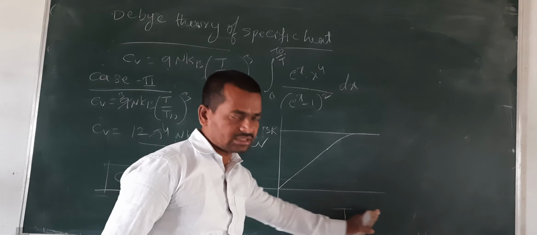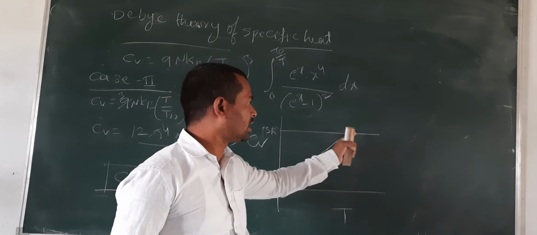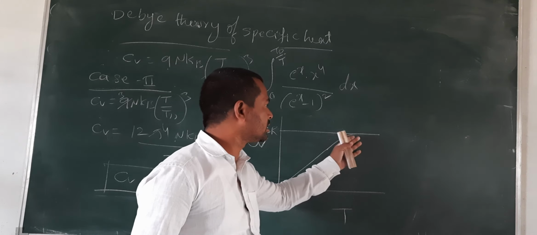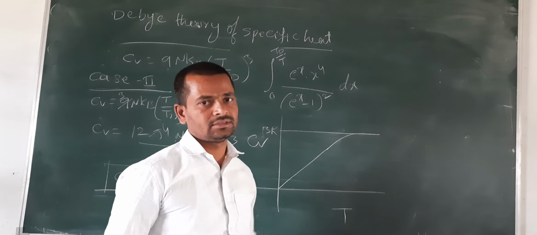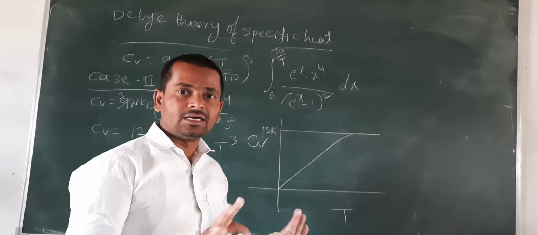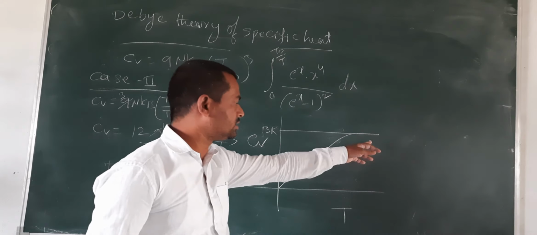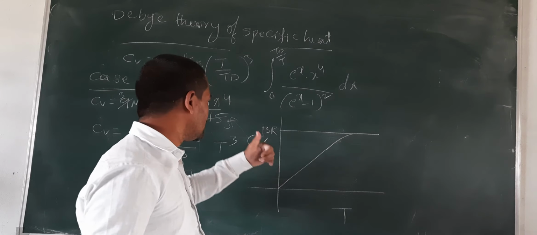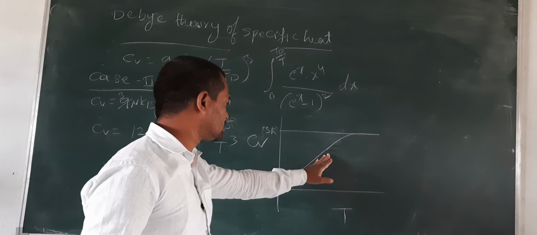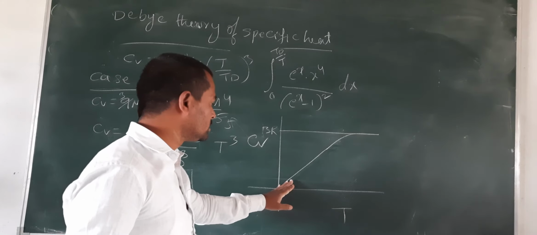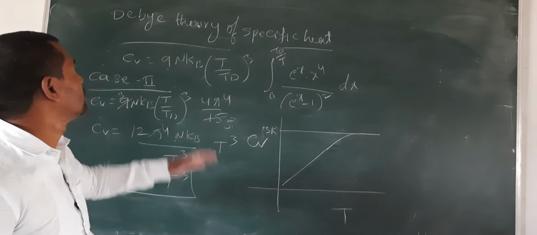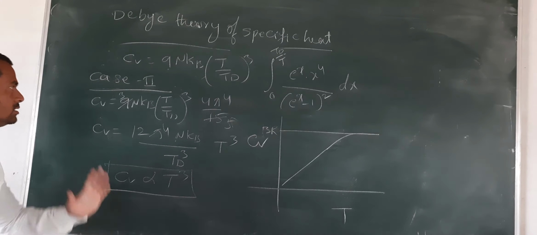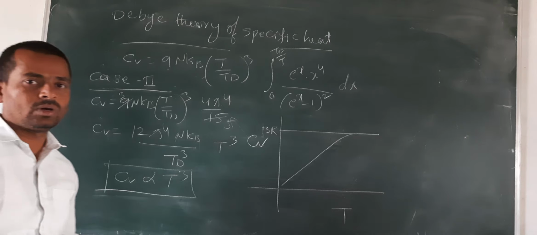As we increase the temperature, after the Debye temperature its value becomes constant. So specific heat doesn't change at higher temperature, but as we decrease the temperature, specific heat also decreases like this. Okay, so this is the graph plotted in the Debye theory of specific heat. Like this, these are the two important cases. Okay, thank you friends.